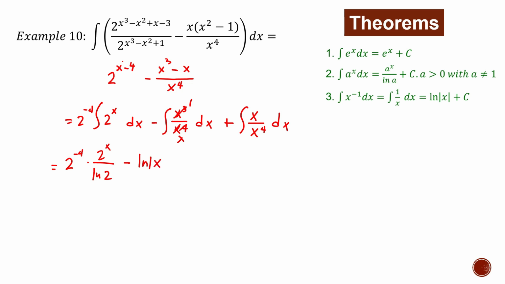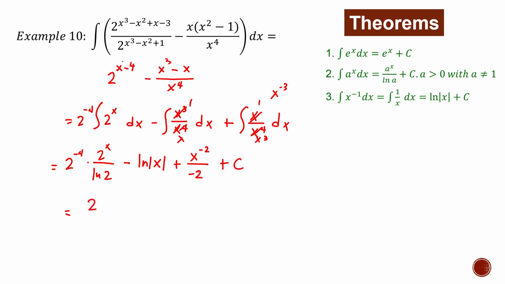And then this will be equal to 1 over x raised to 3, which is x raised to negative 3. So negative 3 plus 1 is negative 2. So plus x raised to negative 2 all over negative 2 plus c.